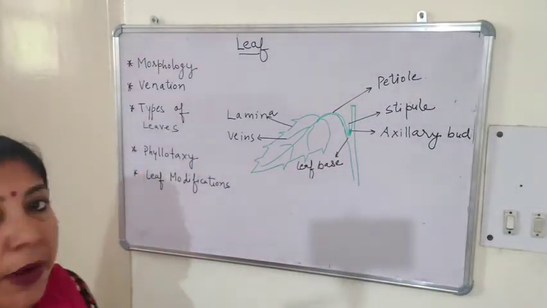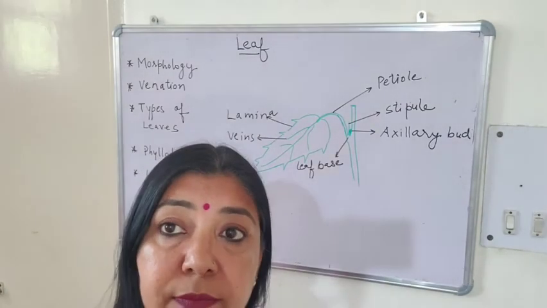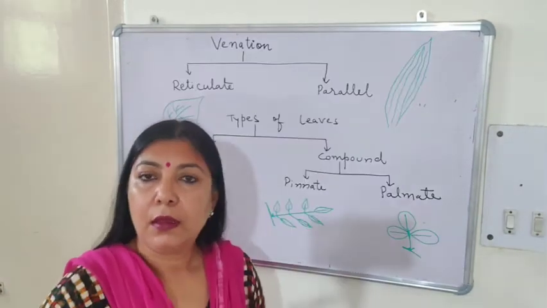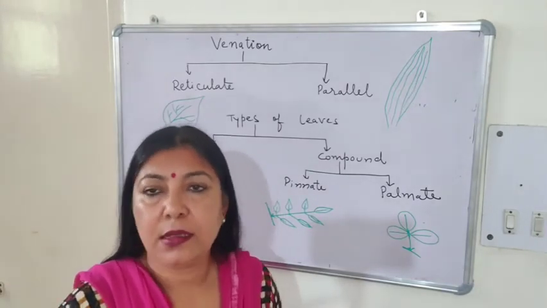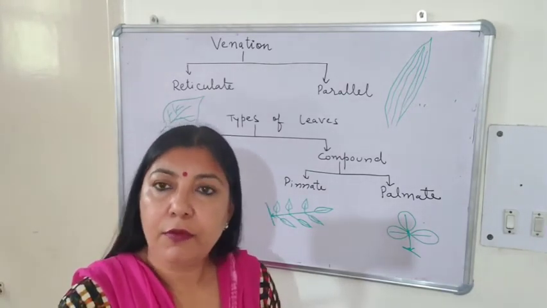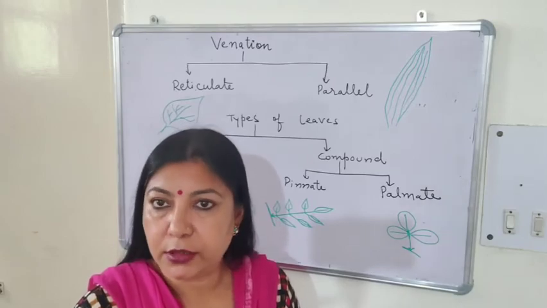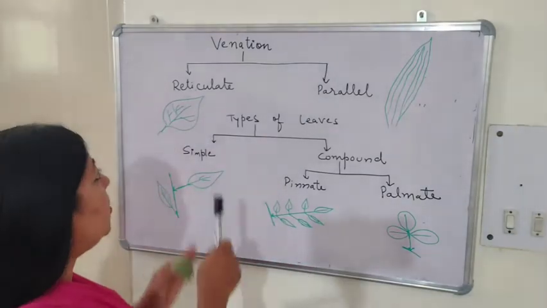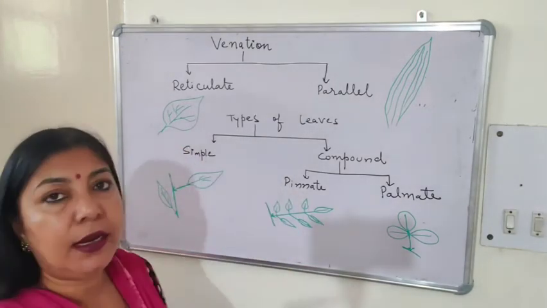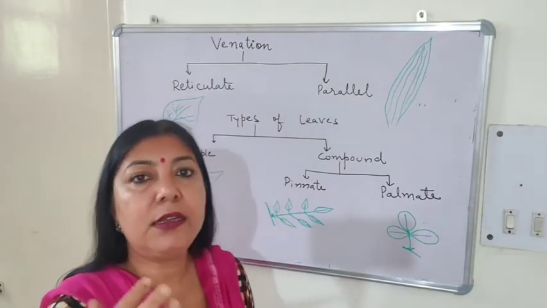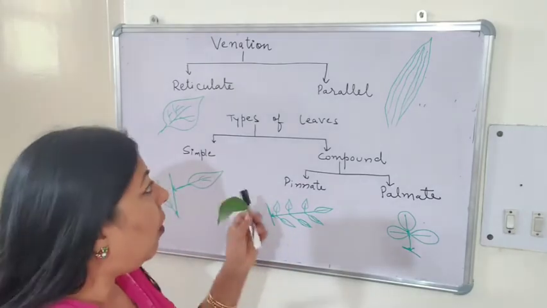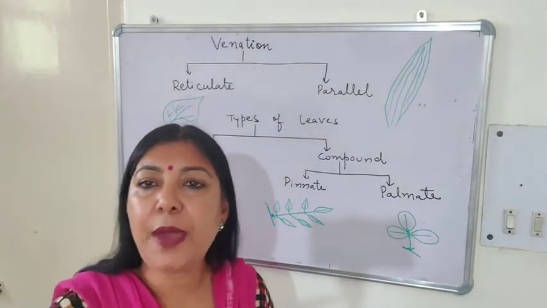Next we will study the venation. Venation is the arrangement of veins in the leaf, the way they are arranged. Venation can be divided basically into two main categories: reticulate, that is network-like, or parallel.